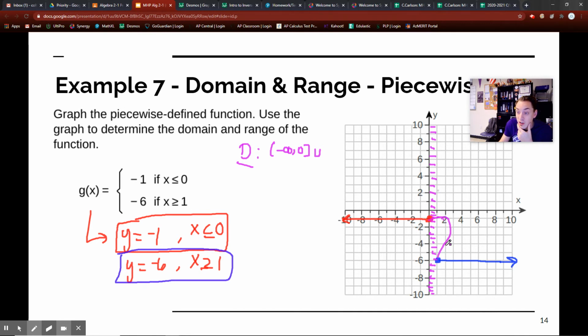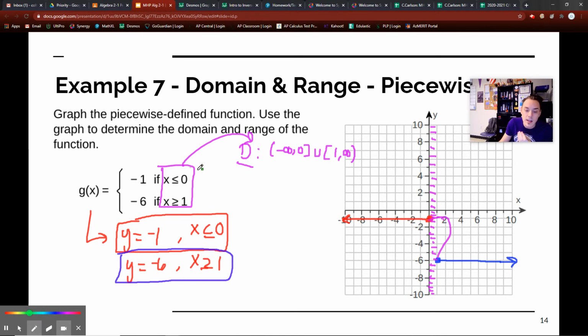Because there's a little gap in purple from 0 to 1. So I jump and then do 1 to positive infinity. That's what my domain will look like. Now notice these 0 and 1 only correlate to the x's because they are x values. That correlates to the x values because it's domain.